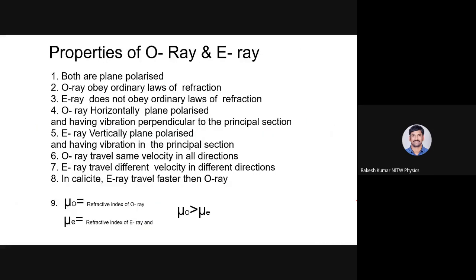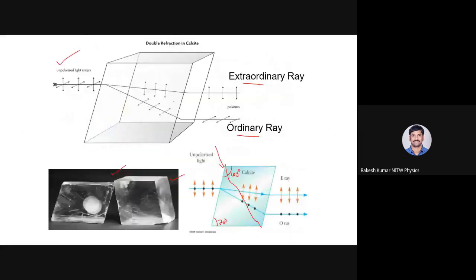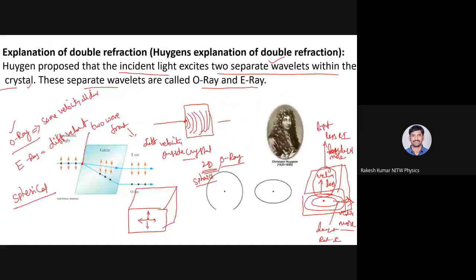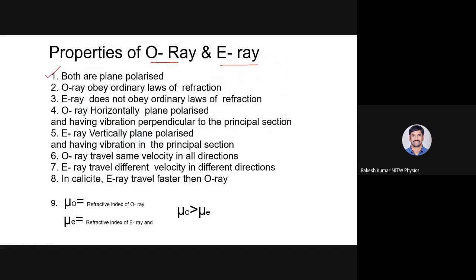In the exam, they will ask you to write what the properties of the ordinary ray and extraordinary ray are. You are supposed to write that both are plane polarized, as you have already seen in the animation. This is plane polarized, this is also plane polarized, only one is vertical, one is horizontal. Your ordinary ray obeys the ordinary laws of reflection and refraction.